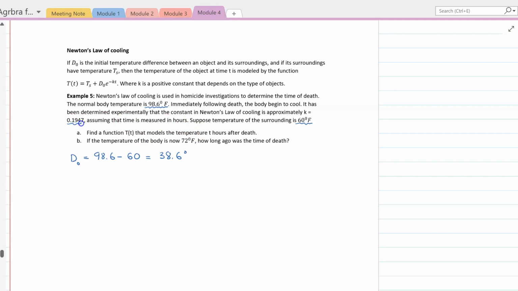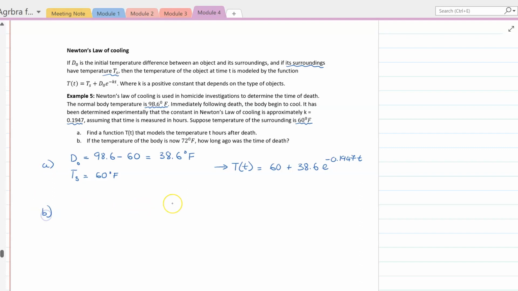We know K, and the surrounding temperature is Ts, so Ts equals 60 degrees. So with this, I can write a formula. Okay, so here's part A.